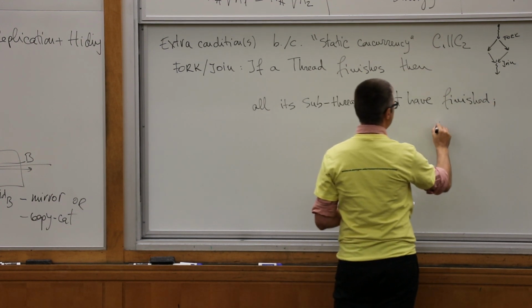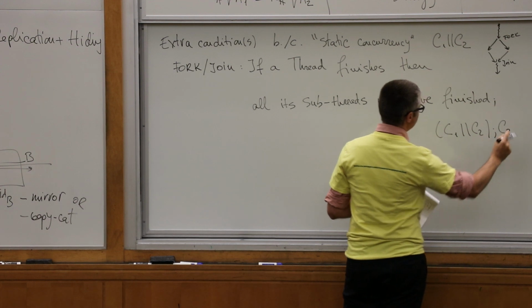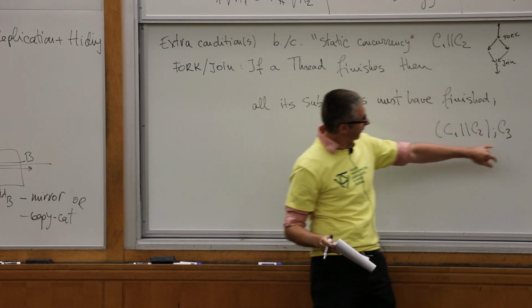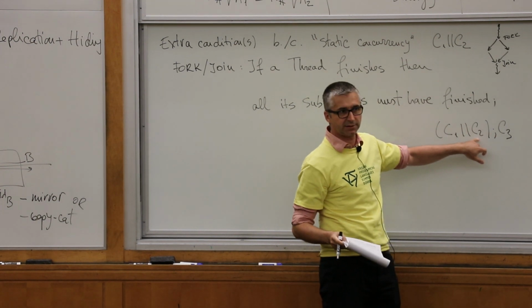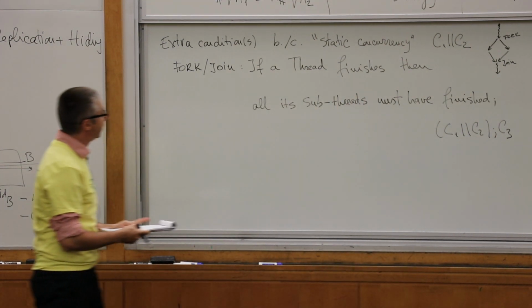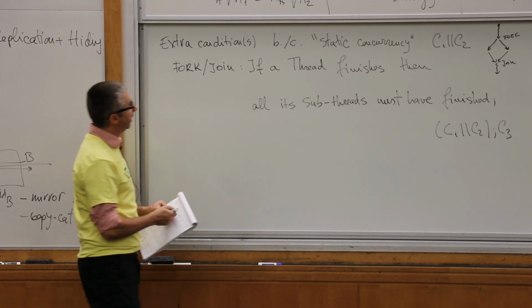Yeah. So if I go something like C1 parallel C2 follows C3, this C3 will never start before this and this finished. Right? So this is informal, but now let's bring it into the language of games.